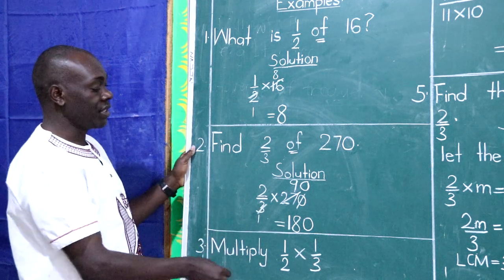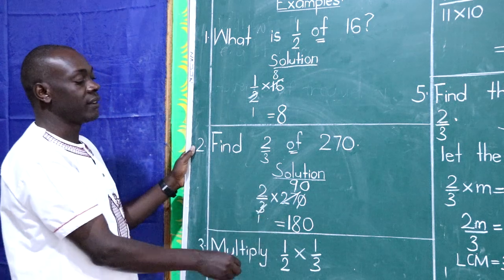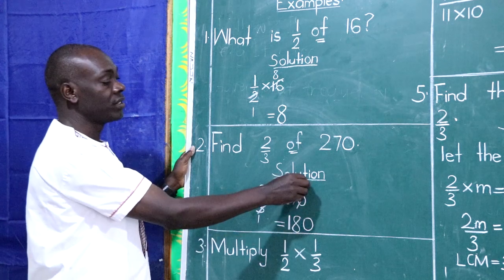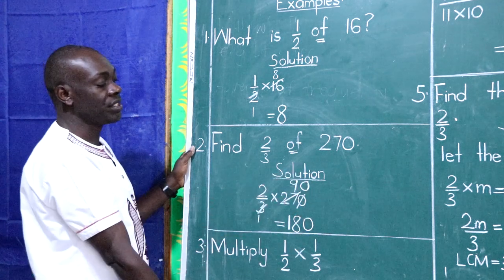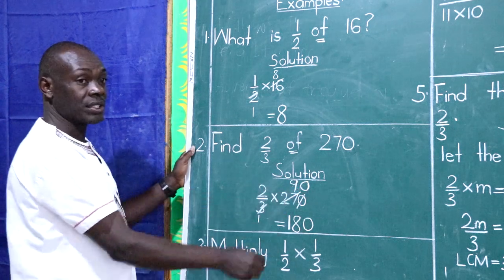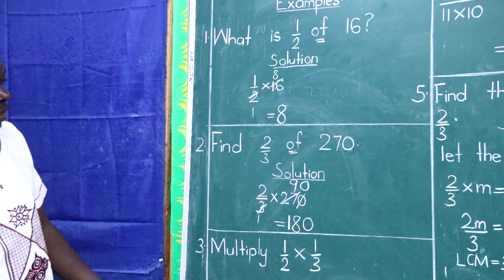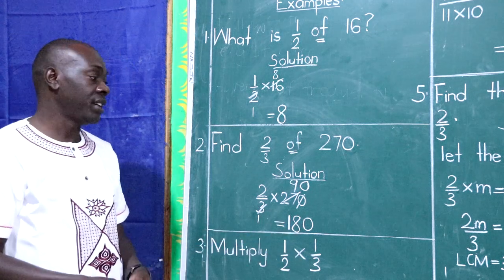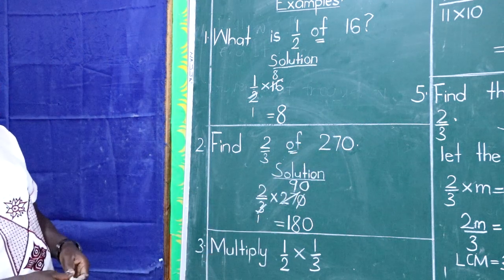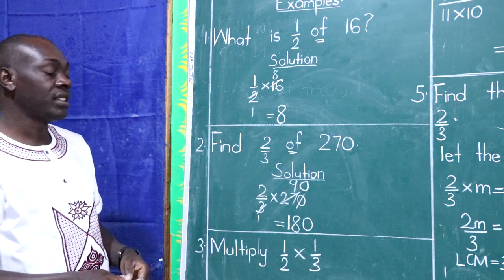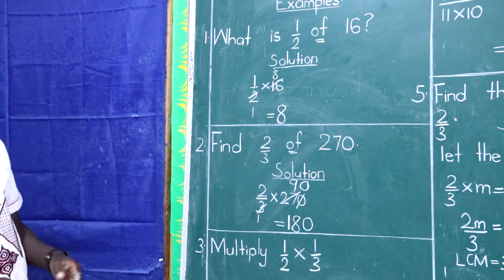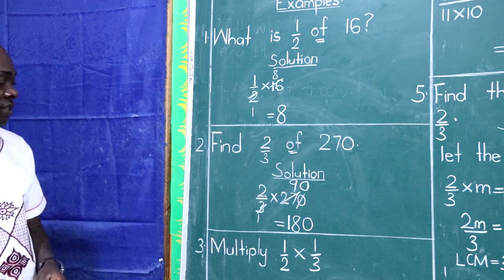Then divide by 3, where 3 divided by 3 gets 1. 27 divided by 3 is 9. Then 0 divided by 3 gets 0. So 270 divided by 3 gets 90. We remain with 2 times 90, which means 180. So 2/3 of 270 is 180. And that's all. And wherever you see of, please replace it with that times sign.